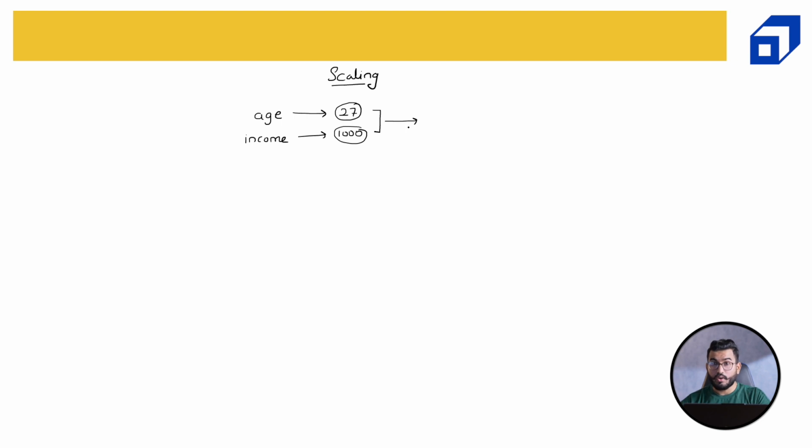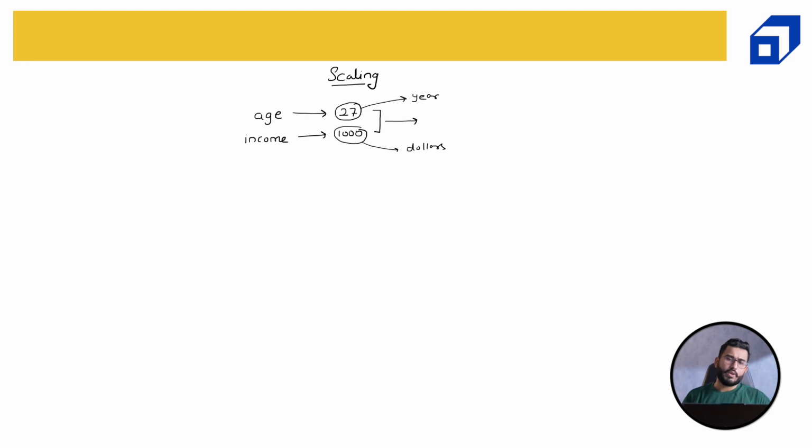No, essentially we cannot. Why? Because both of them are having a different scale. Age is in the scale of years, while income is in the scale of dollars. So I cannot compare these two values.